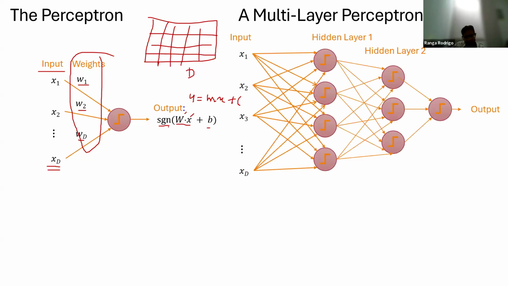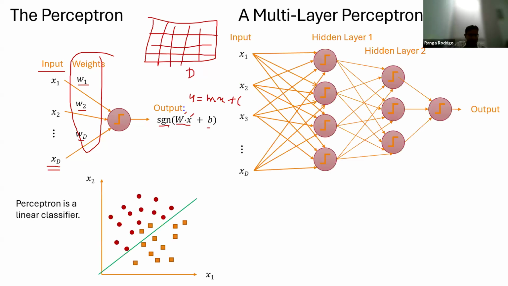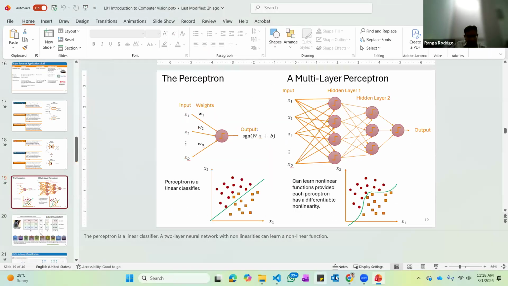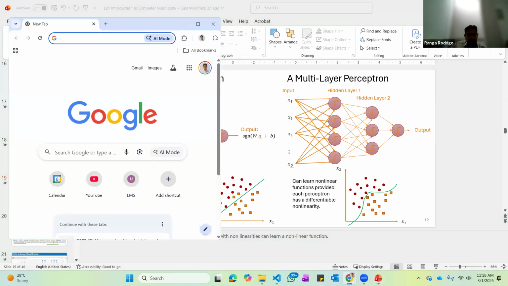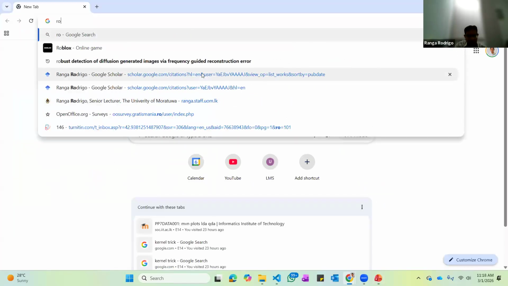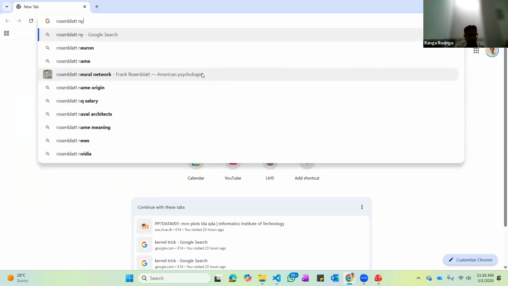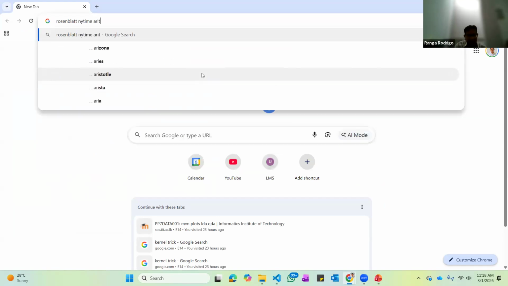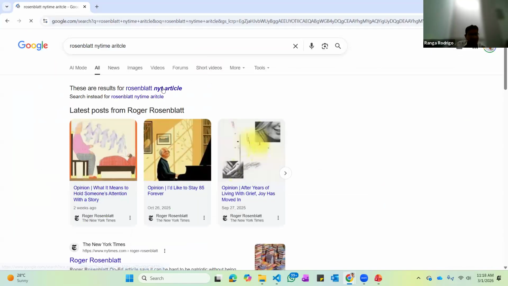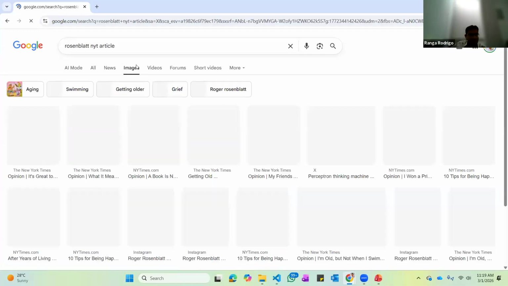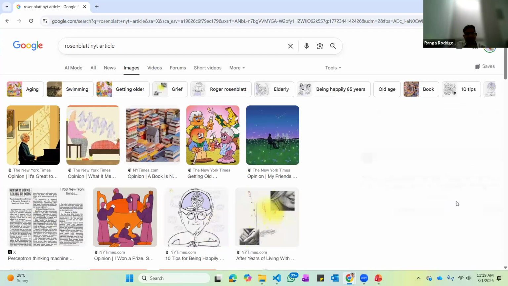When this perceptron came, people were very much excited. But I will show you that news article. I don't know, someone has posted that.